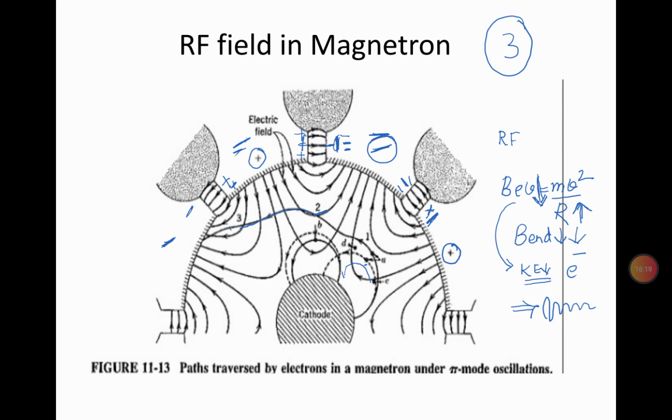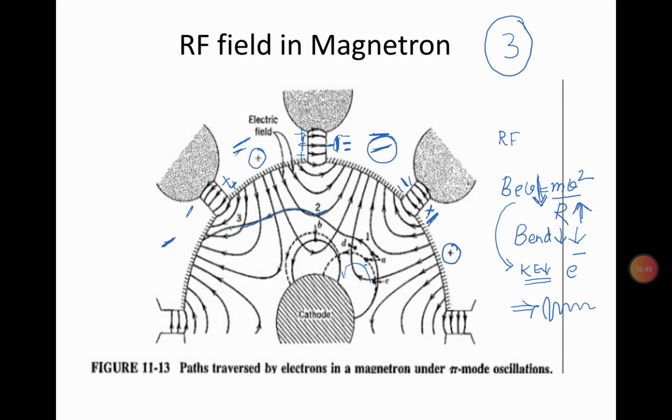So that lost kinetic energy of the electron is going to be delivered to the RF field. Students, what I want you to understand here is, if the magnetic field was not present, the electrons would have gone directly to the anode without losing energy. Because the magnetic field is present, the damped oscillations are able to gain energy.